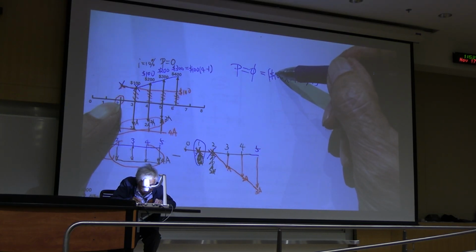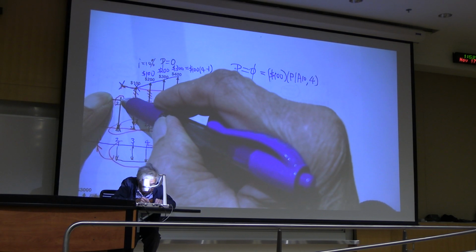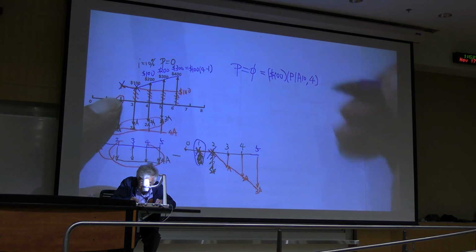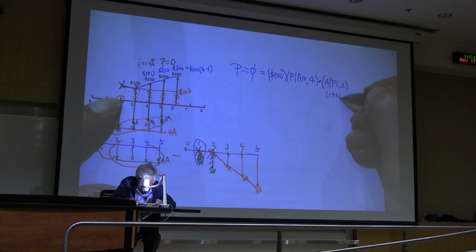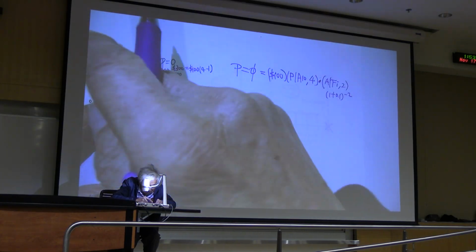This term has present value at interest period 2. You want to move this back to interest period 0. F to P, 10, 2, or (1 plus 0.1) to the minus 2. That is this uniform series.